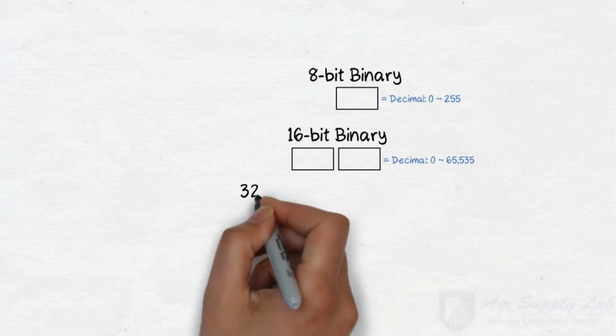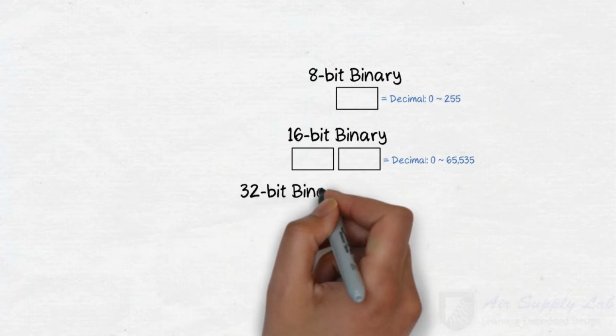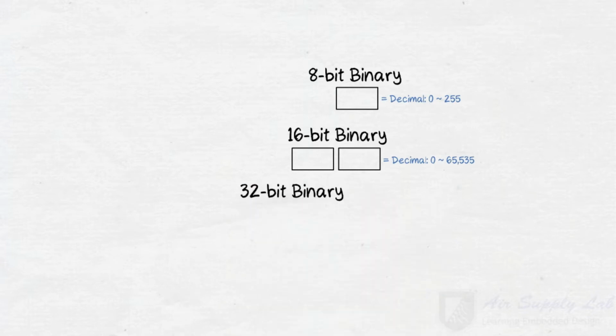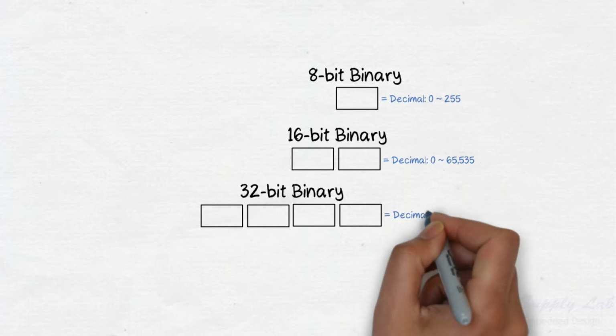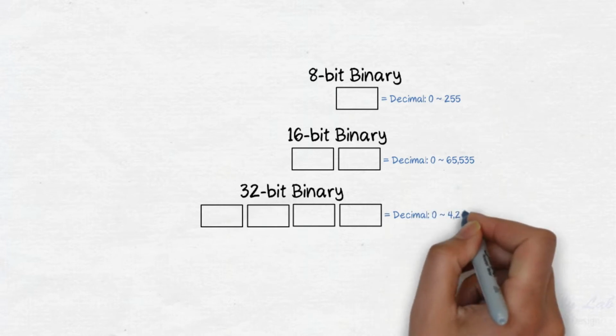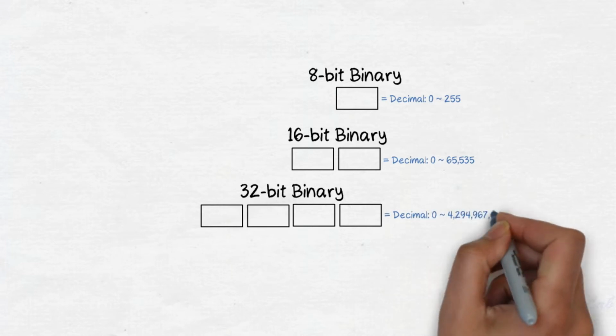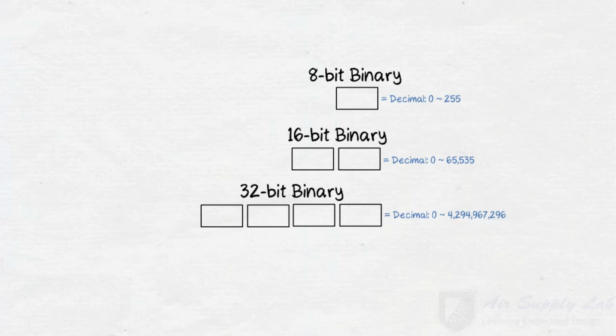To store a 32-bit binary number, it will require four drawers and can store decimal numbers from 0 to 4,294,967,296.